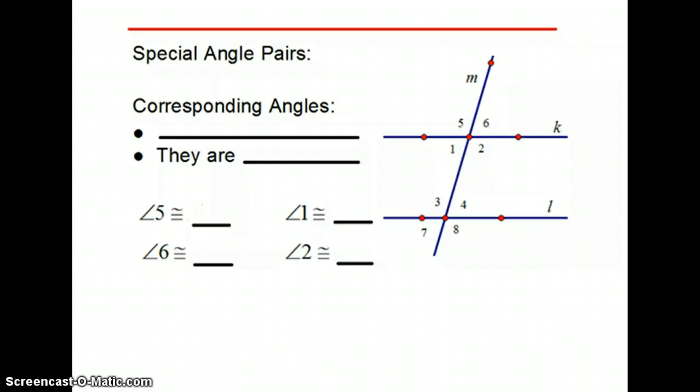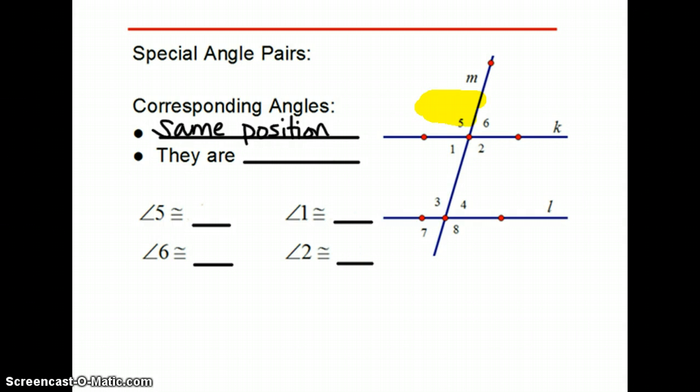So the first type of angle pair relationship we're going to look at is corresponding angles. Corresponding angles are in the same position on the parallel lines. What I mean by that is they sit in the same spot.